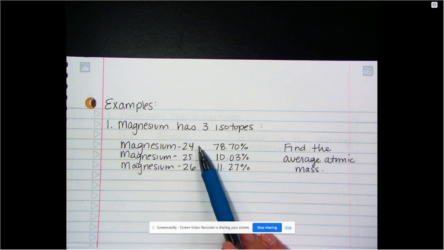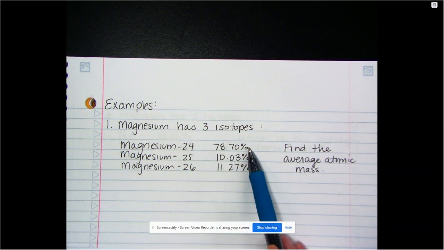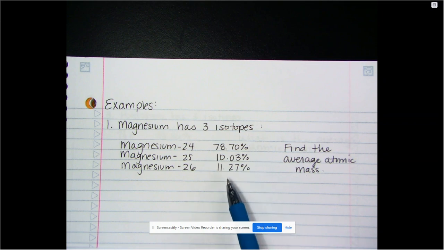You may, in further problems, be given an actual mass, and if you have the actual mass, you're always going to want to use the actual mass because it's a more precise value. But in this case, because this is what we're given, the masses are 24, 25, and 26 respectively. Our percentages are 78.70, 10.03, and 11.27.